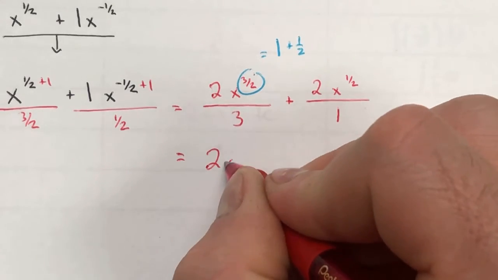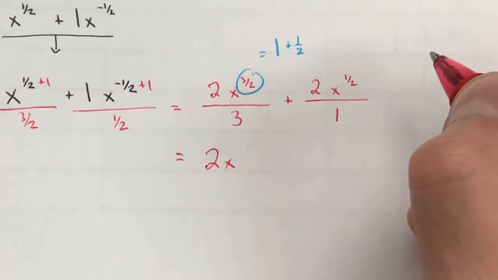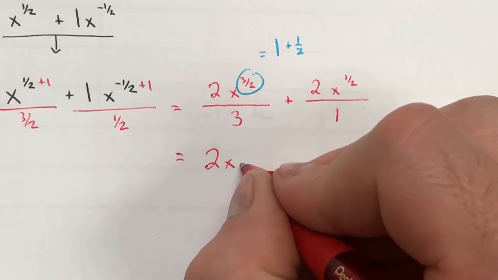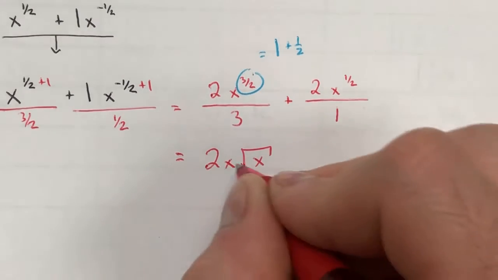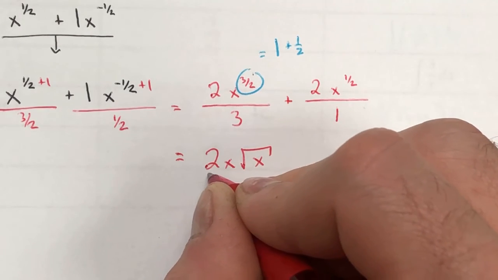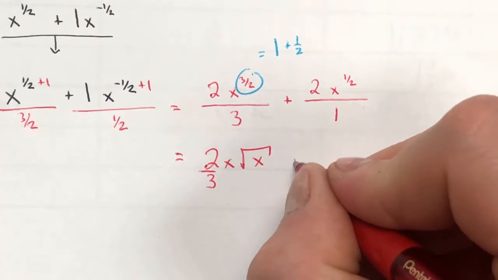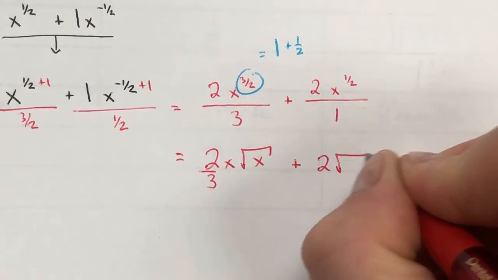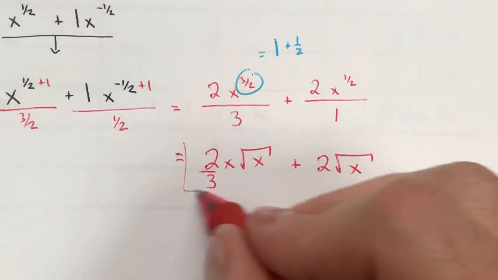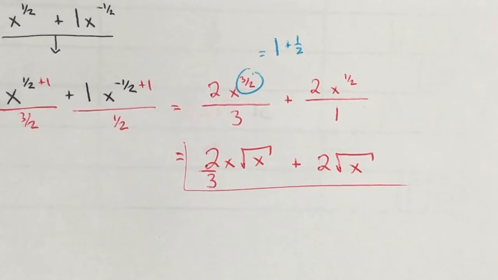So this is going to be a 2x for my full x that comes out, and the x to the 1/2 is going to be root x all over 3. I could put it all over 3, but I'm just going to put the 2/3 out front. Here I'm going to say plus 2 root x, and that is my antiderivative.